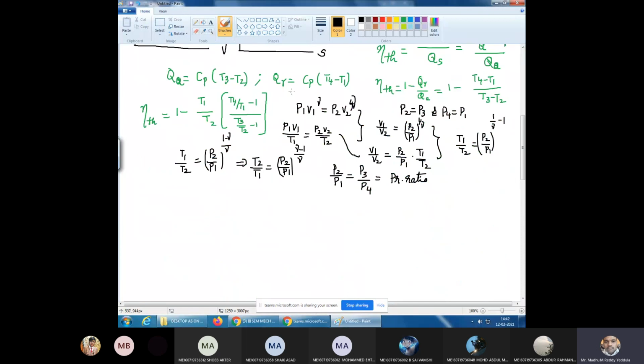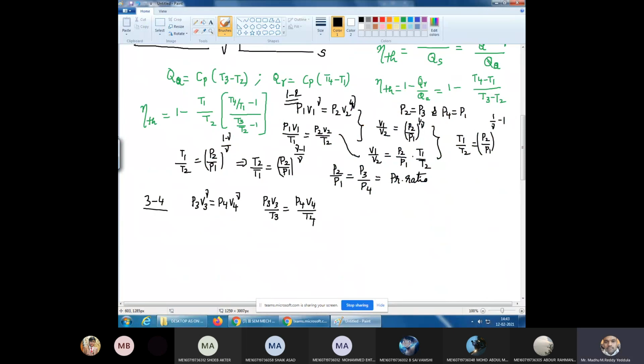Now consider the process, this is 1 to 2 we considered. Now the process 3 to 4, in the same way. So P3 V3 power gamma is equal to P4 V4 power gamma. And one more equation, P3 V3 by T3 is equal to P4 V4 by T4.